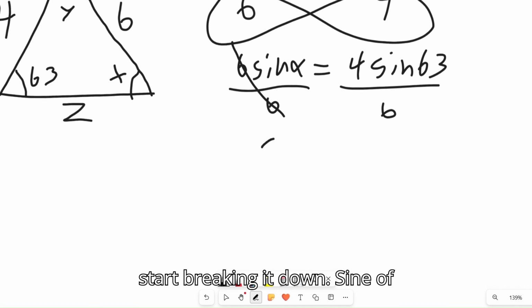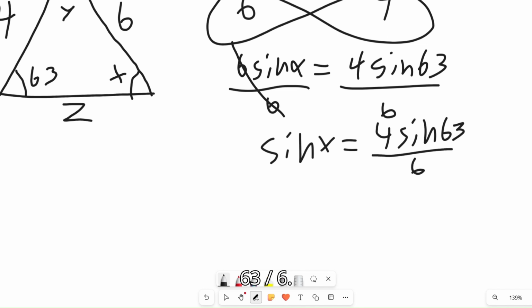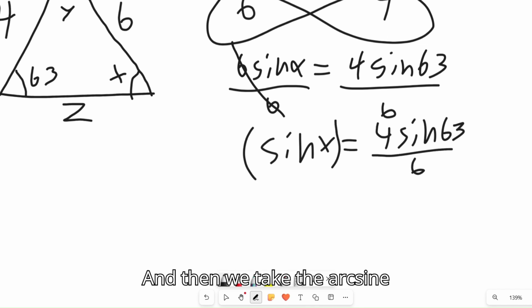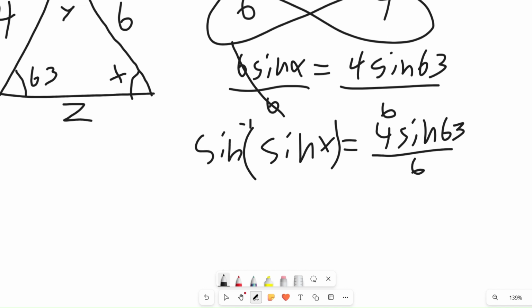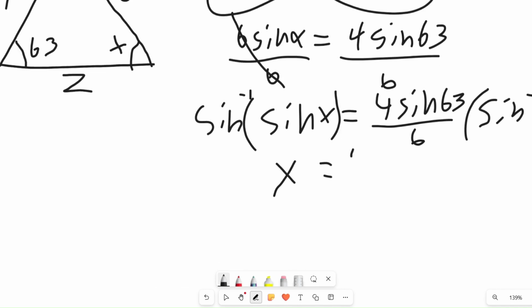Sine of x equals 4 sine 63 over 6. And then we take the arc sine of each side. I know that x equals the arc sine of 4 sine 63 over 6.